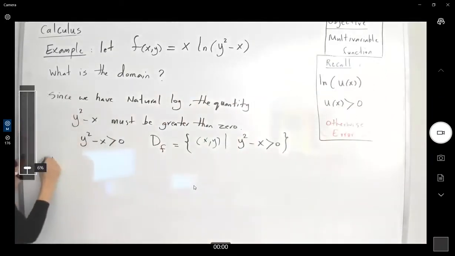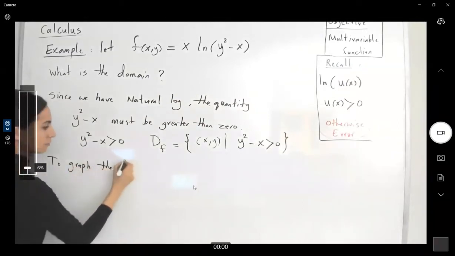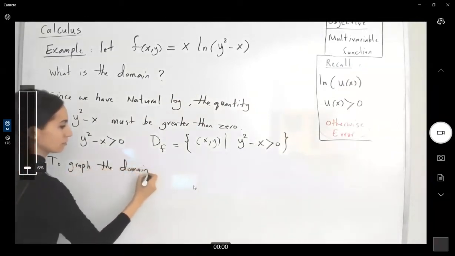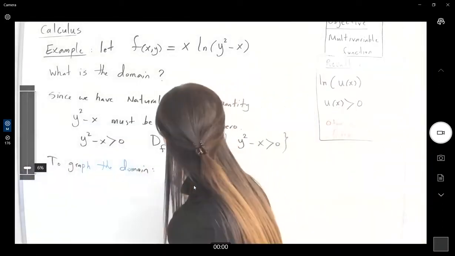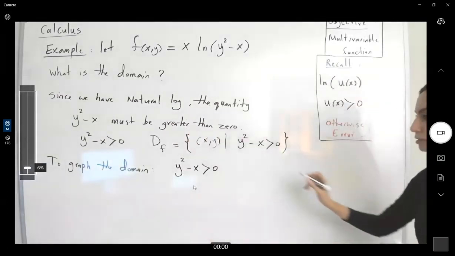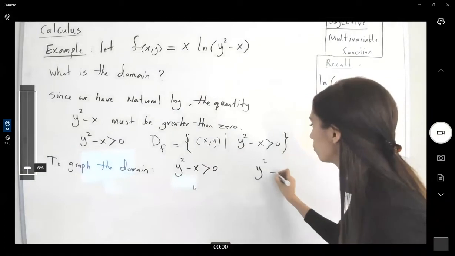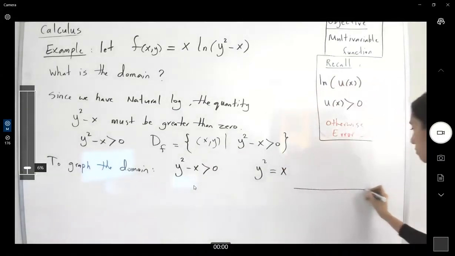To graph the domain, we have y squared minus x greater than 0. But what is y squared equals x? This is your graph.